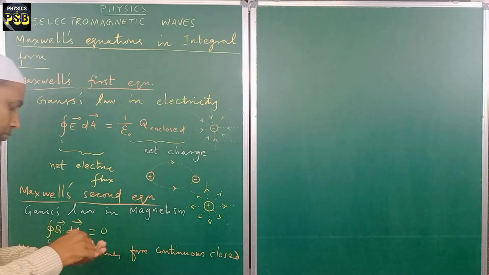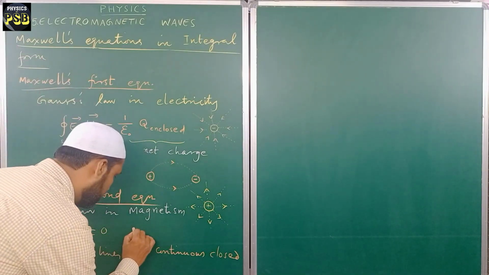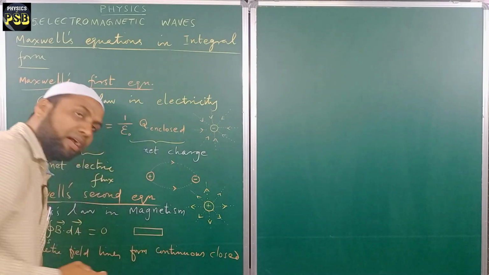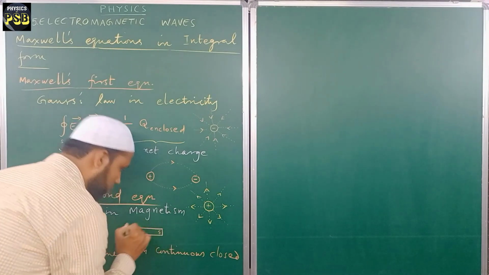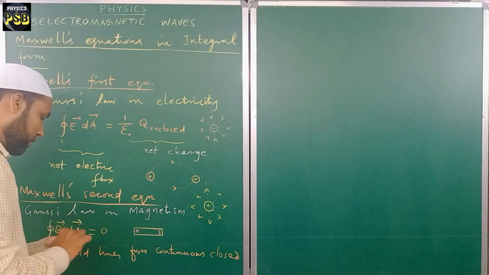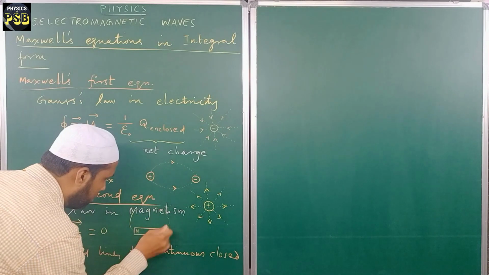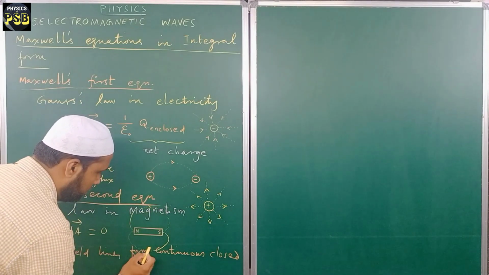It means, suppose I have a magnet. A magnet has got two poles. This is the north pole, this is the south pole. So it is also referred to as a magnetic dipole. Okay. Here, magnetic field lines start from the north pole and end at the south pole.